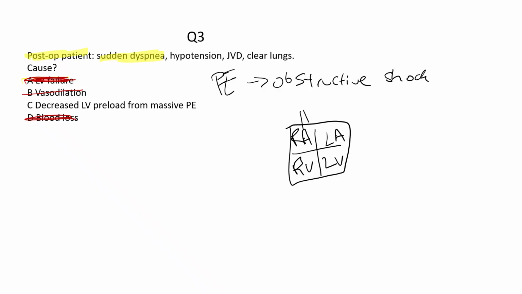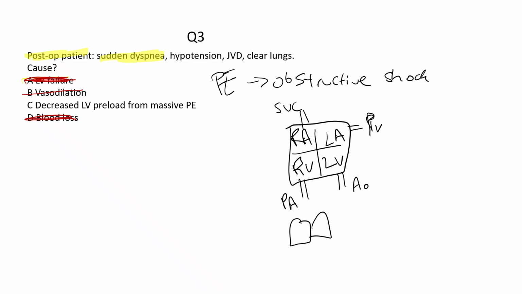You have your SVC dumping blood into the right atrium. You have your pulmonary artery getting the blood out to the lung circuit. Then you have your pulmonary veins bringing the blood back into the left atrium, and then you have your aorta coming out of the left ventricle, right?